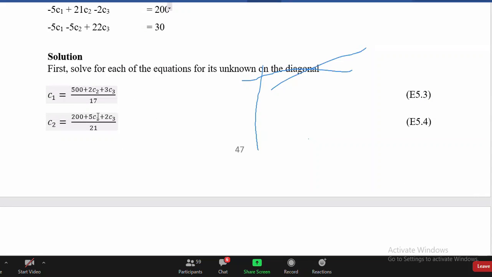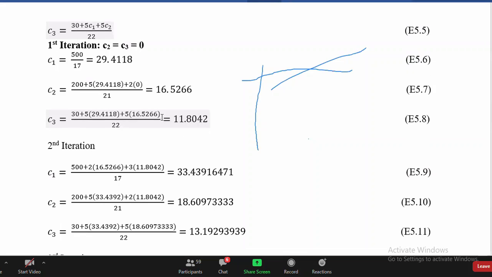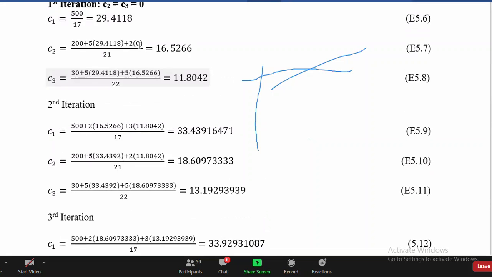So we have 5c1, and c3 is still 0. 200 plus 5 times c1, which we calculated, 29 point this thing. And we have this one. And then we use the values of c2 and c1, substitute them immediately to calculate c3. First iteration is over.